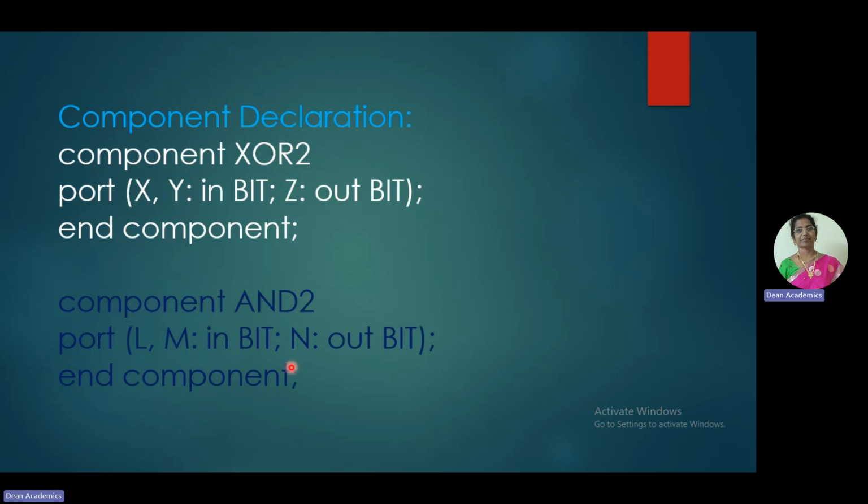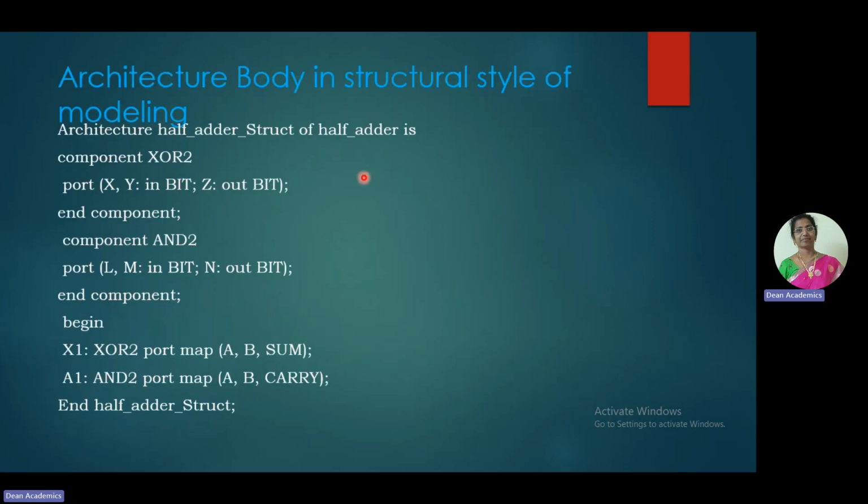So these two components are declared here. It is called component declaration. Now let us see how we write the architecture body in structural style of modeling. So architecture, and the name of the entity is the same, whether you write behavioral style or data flow style or structural style, entity can be same, architecture body can differ.